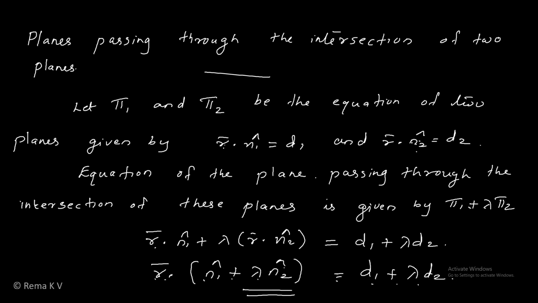So to get the equation of a plane passing through the intersection of these two planes, first equation plus lambda into the second equation. And if there is any condition given, apply that condition, find the value of lambda and substitute it here. Is it clear?